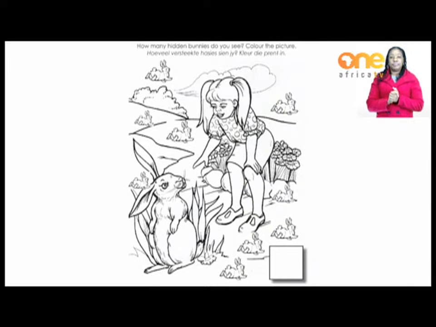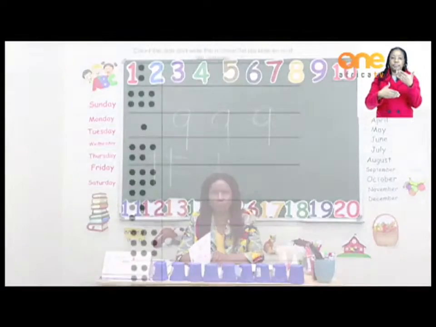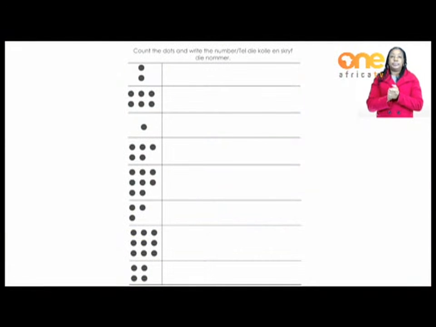Now we turn over to page 5 of our booklet. On page 5 of our booklet, we have an instruction which says, count the dots and write the number. Let's count together.